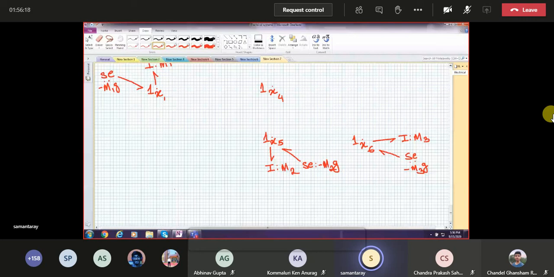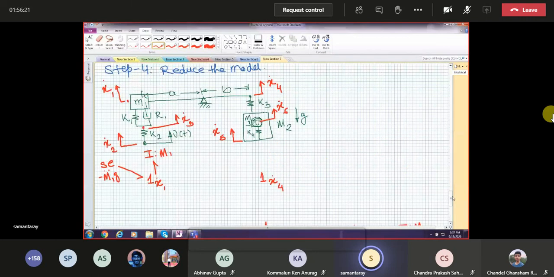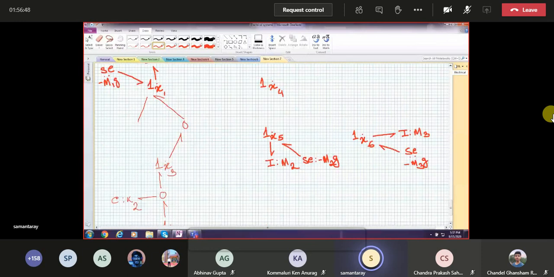Then we will take x3 dot minus x1 dot. What is there between x3 dot and x1 dot? Spring K1 and resistance R1, both are there. So I will take x3 dot minus x1 dot twice. One time I take x3 dot minus x1 dot, another time also I take x3 dot minus x1 dot.